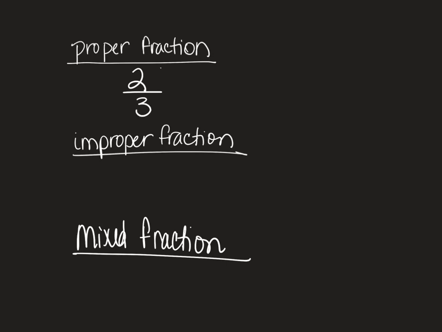Now remember, the top number is your numerator, and your bottom is your denominator, okay? So remember, a proper fraction is a fraction that has a smaller number on top of the bottom number, okay?